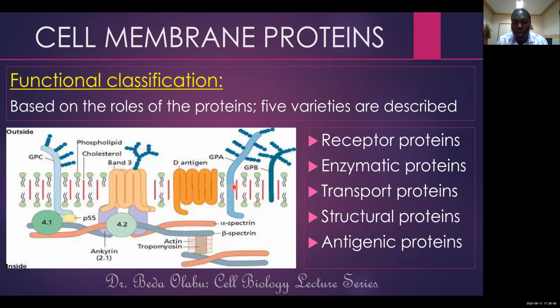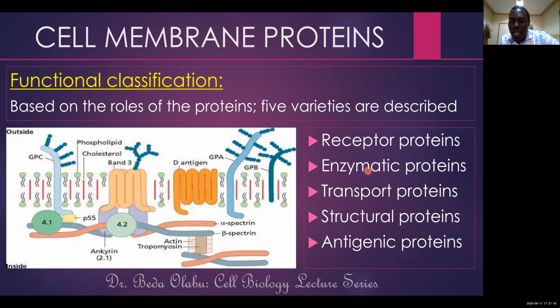Great. Perhaps what is important also to note is that most of the cell membrane proteins will have multiple functions. A protein can be a receptor, but it is still a transport protein at the same time. It is still an ion channel.